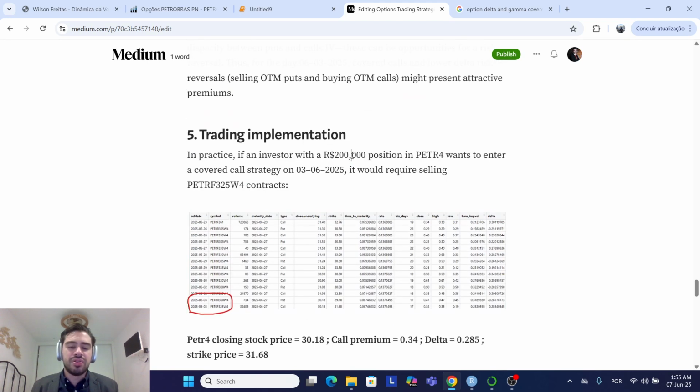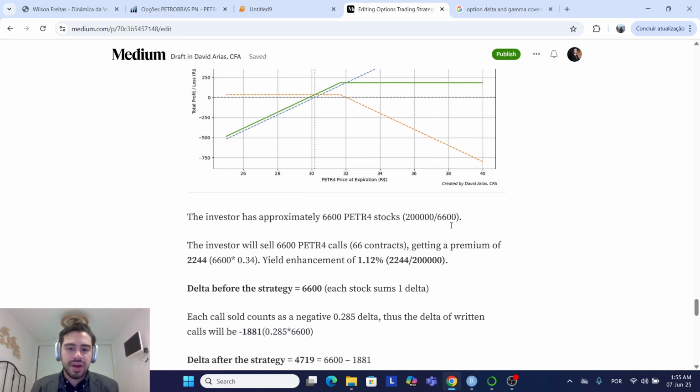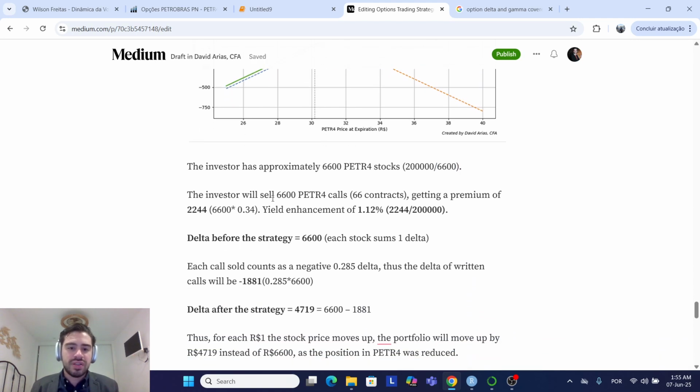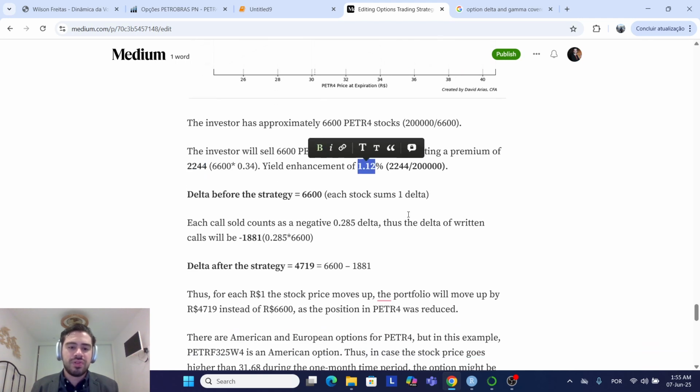So I get my position: I have 200,000 in Petrobras, and I divide it by the price per stock. So I'm going to sell 6,600 Petrobras calls and get a premium of 2,244. So I get a yield of 1.1%.